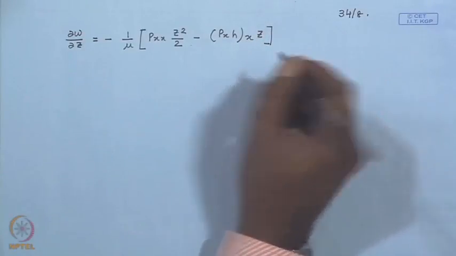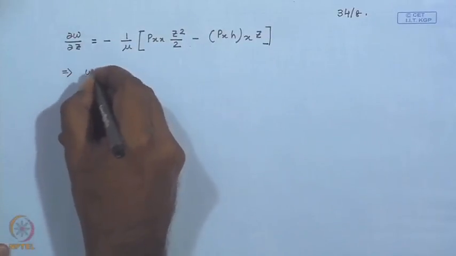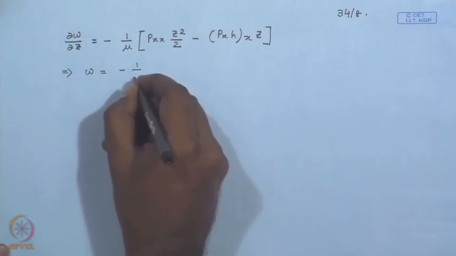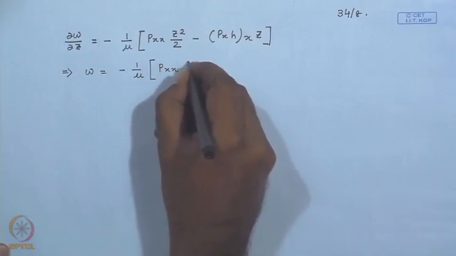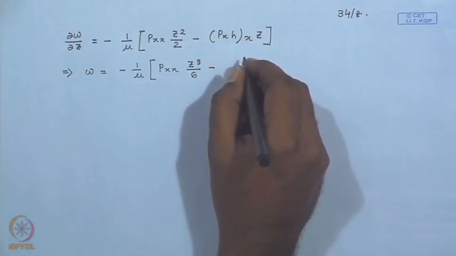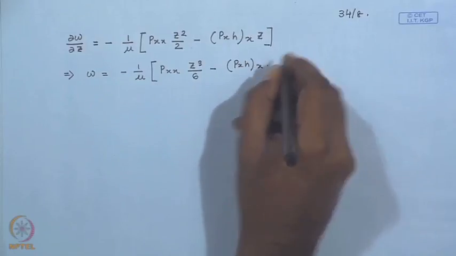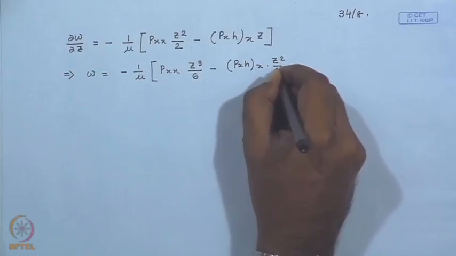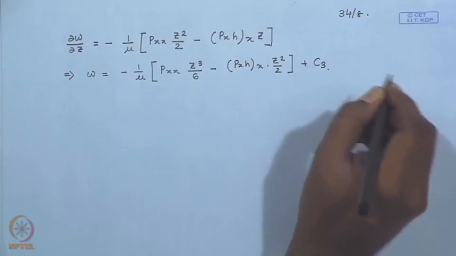If we now do an integration, what we are left with is w is equal to minus 1 by mu into p x x z cube by 6 minus p x h x into z square by 2 plus c 3.